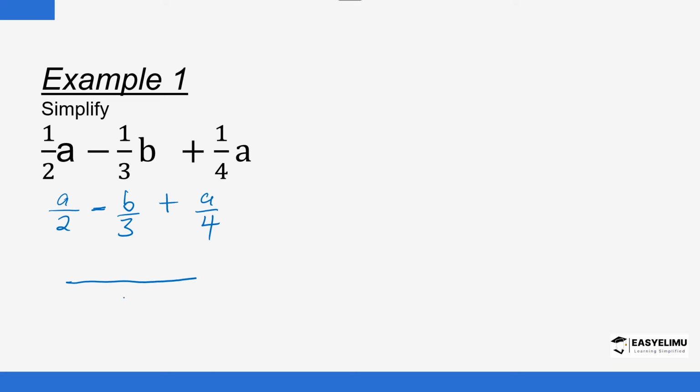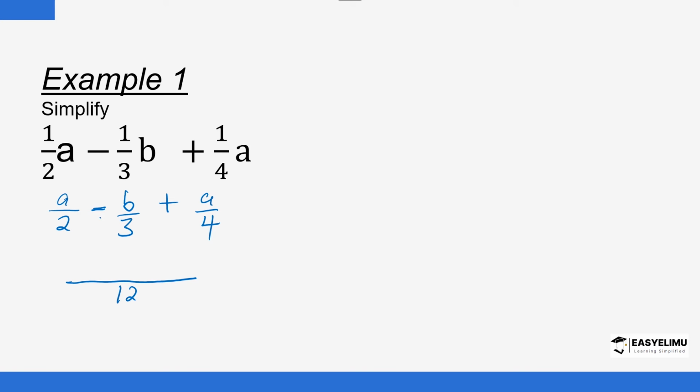So we have the LCM of the denominators. LCM of 2, 3, and 4 is 12. So 12 divided by 2, we'll just treat them the same way we treated the normal fractions. So we'll divide the LCM here by the denominator, and the result is multiplied by the numerator.